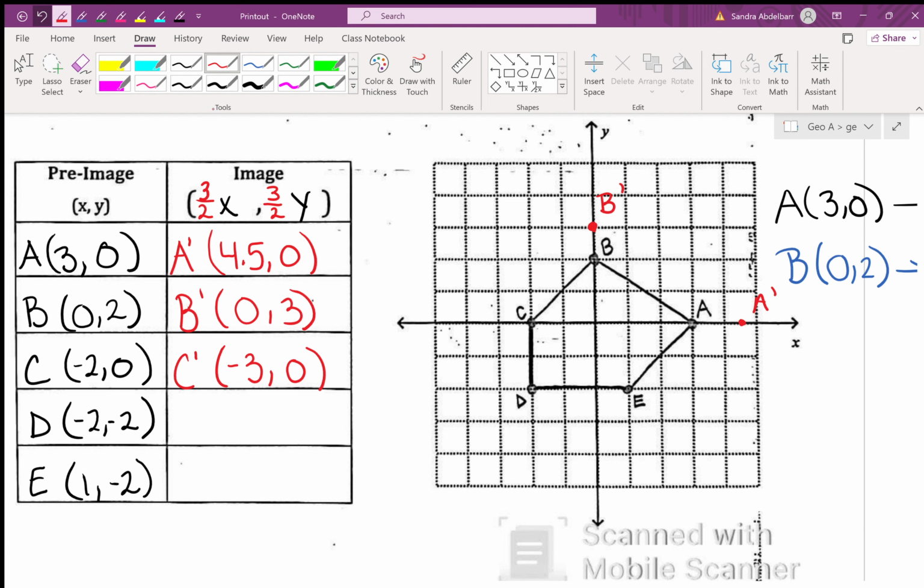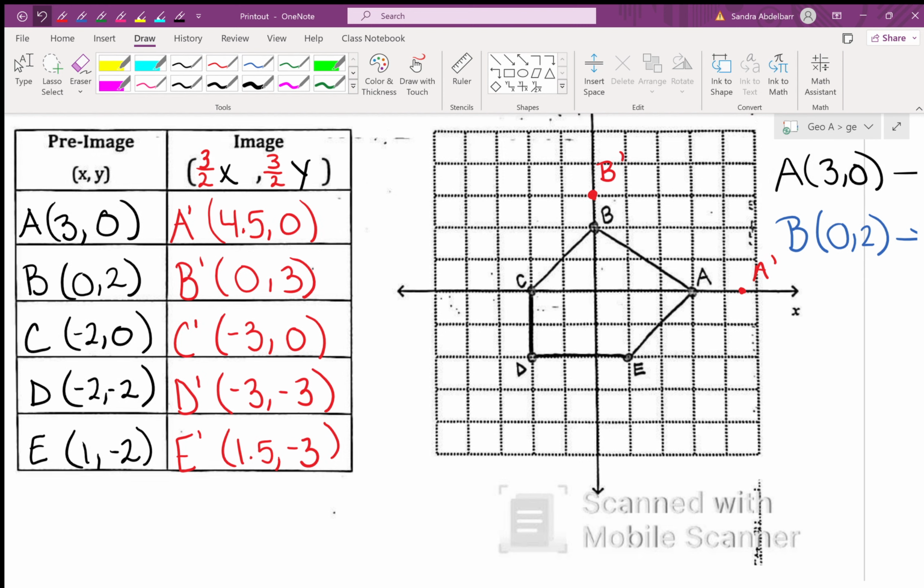Okay, someone tell me, what'd you get for D prime? Erin? Perfect. Anybody need to see me get D prime? All right, what about E prime? What do we get for E prime? James? I got that too. Anybody need to see me get E prime?